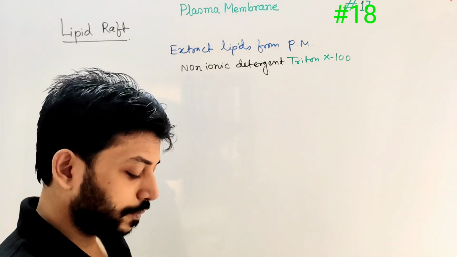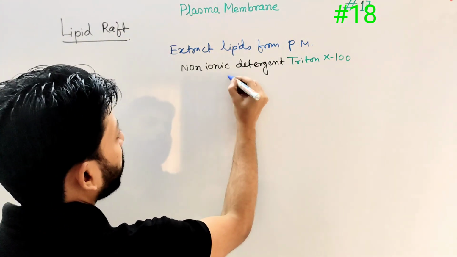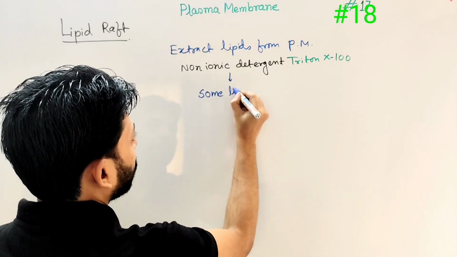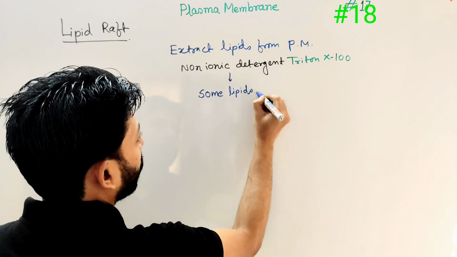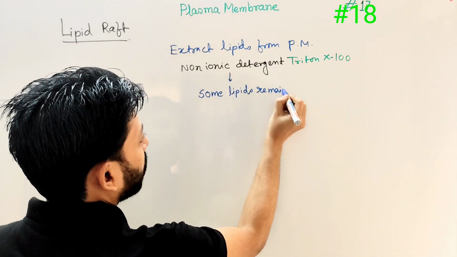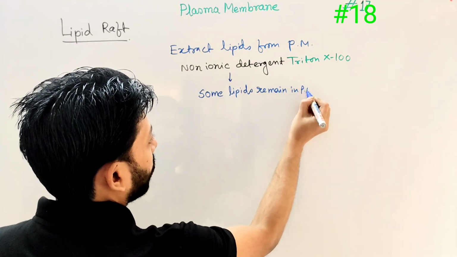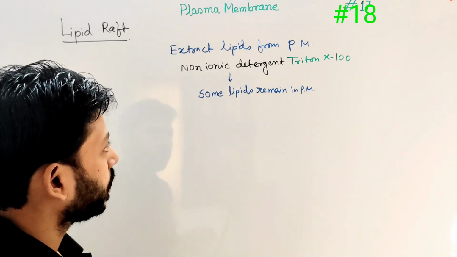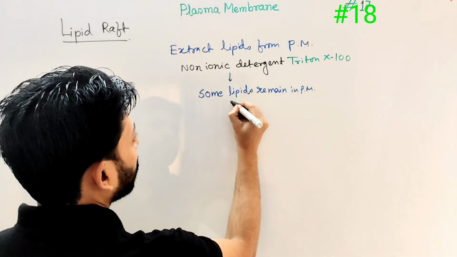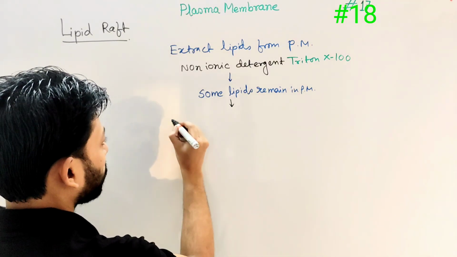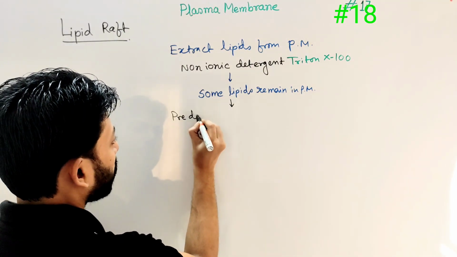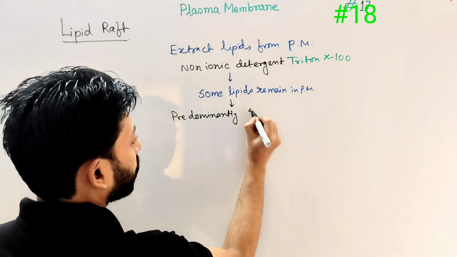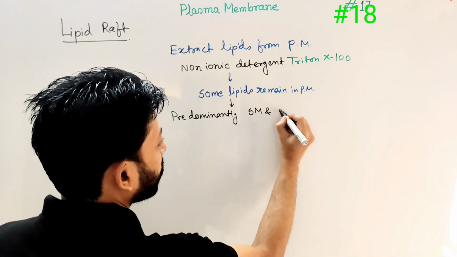after the extraction, some lipid molecules remain in the plasma membrane. And when they analyze these lipid molecules, they find that these lipids are predominantly sphingomyelin and cholesterol.